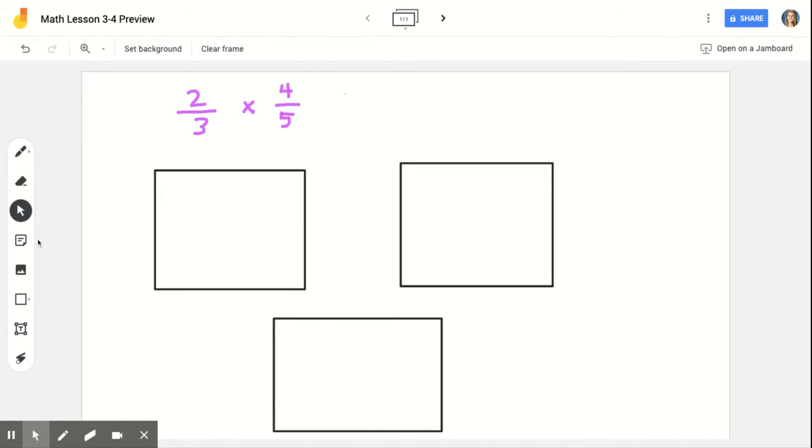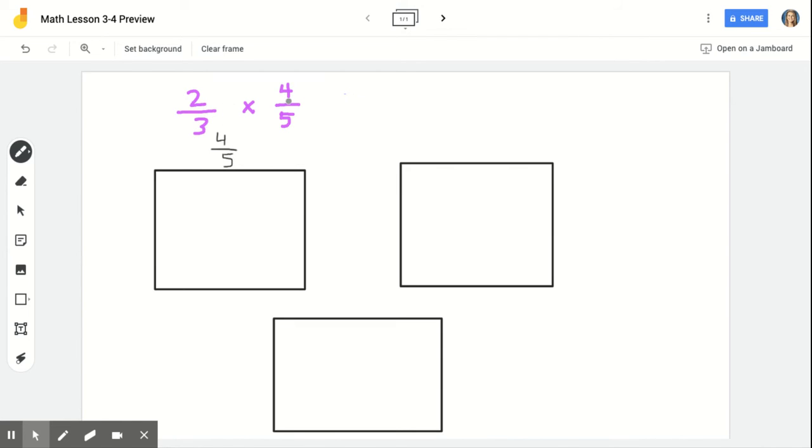2/3 times 4/5. So what I'd like you to do with your pencil, or if you have a black marker or a black colored pencil, is label the top of this first box 4/5. And actually, taking one step back, this first box that we just labeled is going to represent one whole.